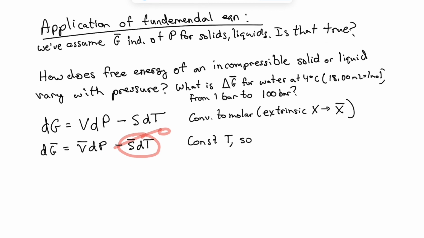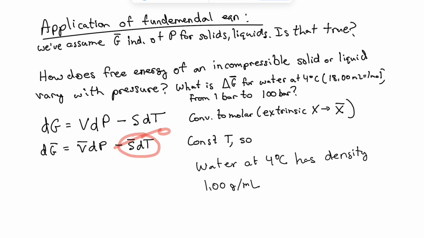And now we can actually do this calculation. Water at 4 Celsius, okay, what do we need to know? We need to know the molar volume. Water at 4 Celsius has a density of 1 gram per milliliter. And again, I'm going to assume it's incompressible, so that's going to mean the volume stays constant as I increase the pressure.